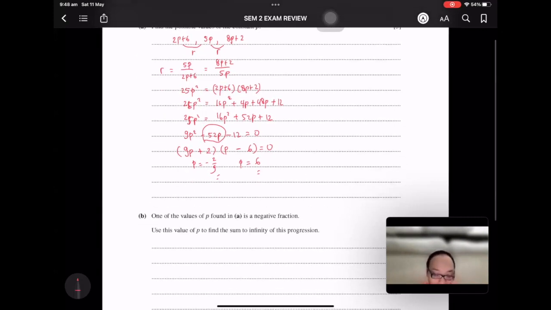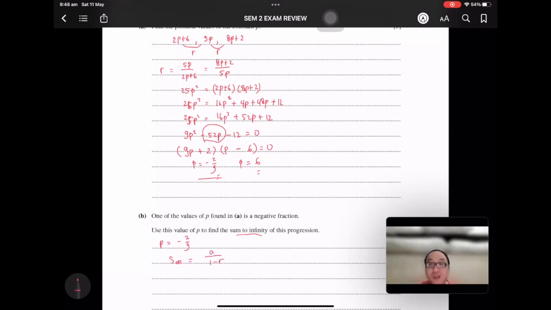One of the values of p found in part A is a negative fraction. So we use this value of p to find the sum to infinity. So p is negative 2 over 9. Find the sum to infinity. So the sum to infinity equals a over 1 minus r.